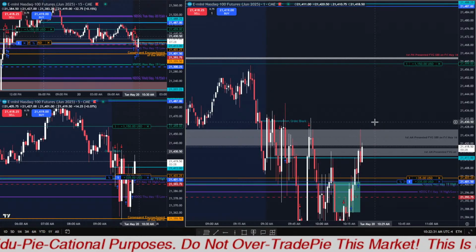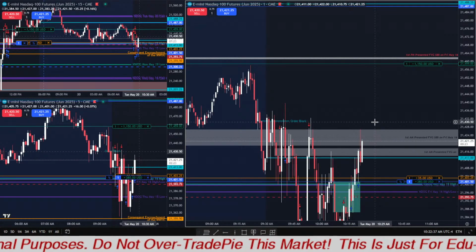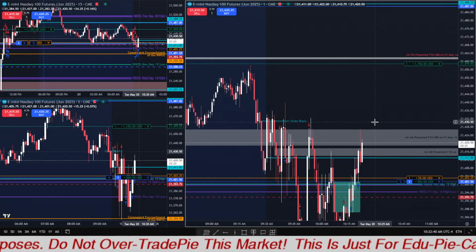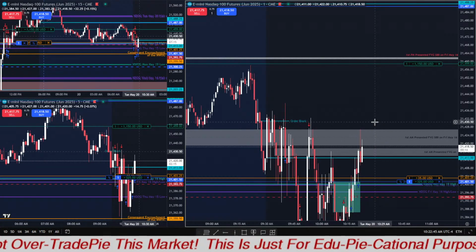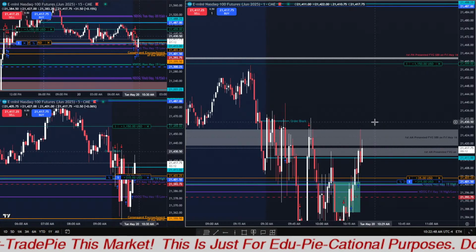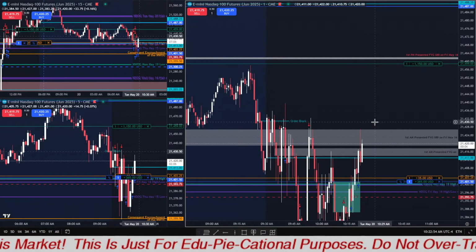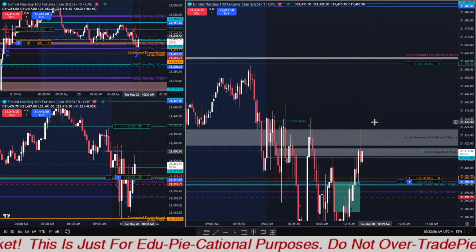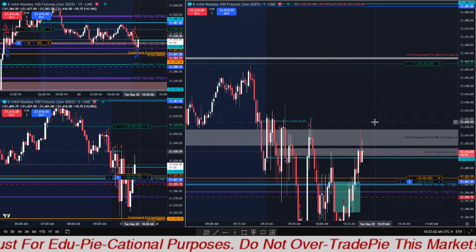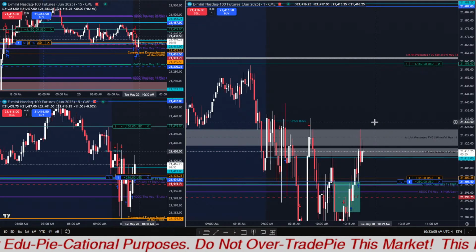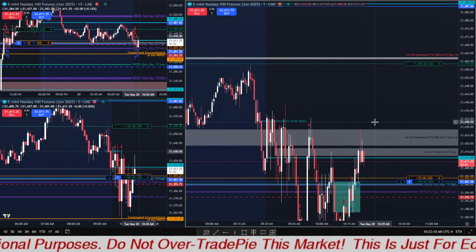Once again, we traded inside the first presented fair value gap of Friday. Another close of candle around the consequent encroachment.